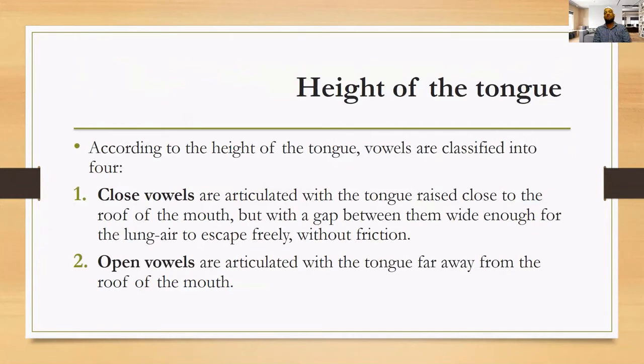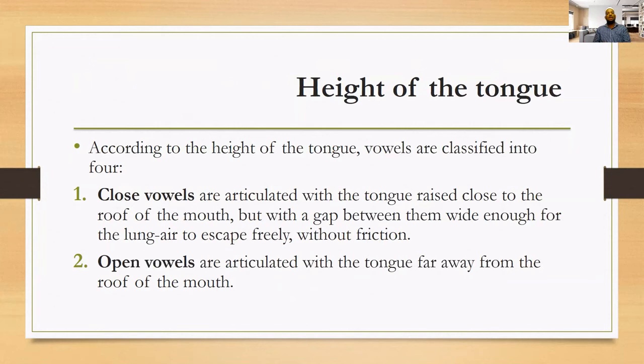Next comes the second criterion, height of the tongue. According to the height of the tongue, vowels are classified into four. Closed vowels. Closed vowels are articulated with the tongue raised close to the roof of the mouth, but with the gap between them wide enough for the lung air to escape freely without friction.